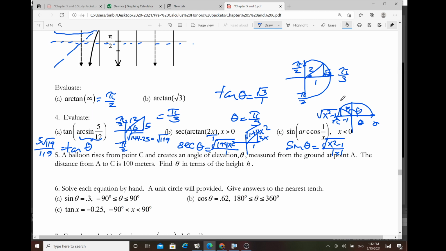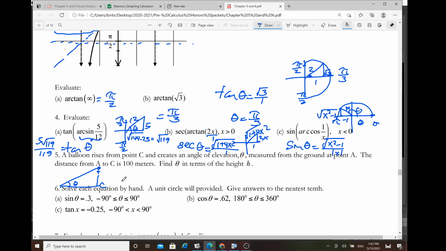So for number 5, a balloon rises from point C and creates the angle of elevation theta. Okay, so here's the balloon. Elevation, so looking up, theta.